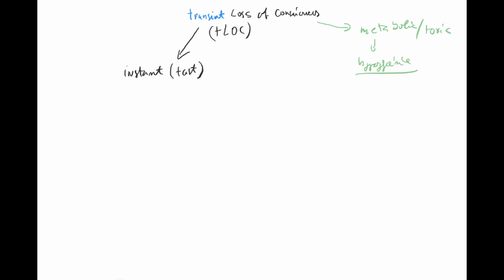Either it's syncope, as it is, and very important in syncope, typically, is that this person regains full consciousness instantly as well, very fast. So he faints, wakes up, and he's oriented immediately.